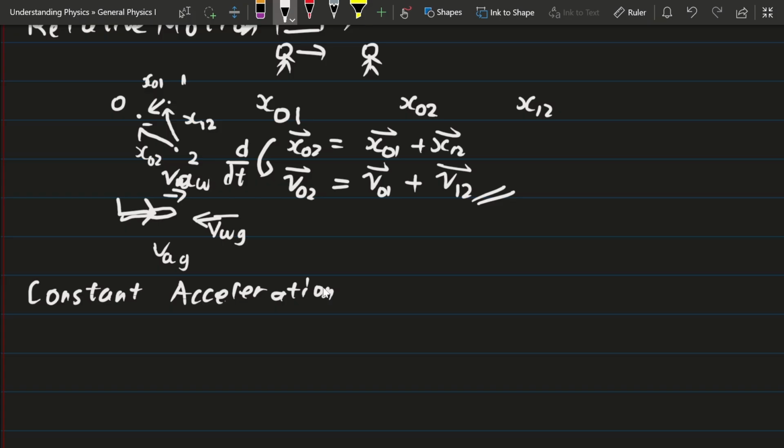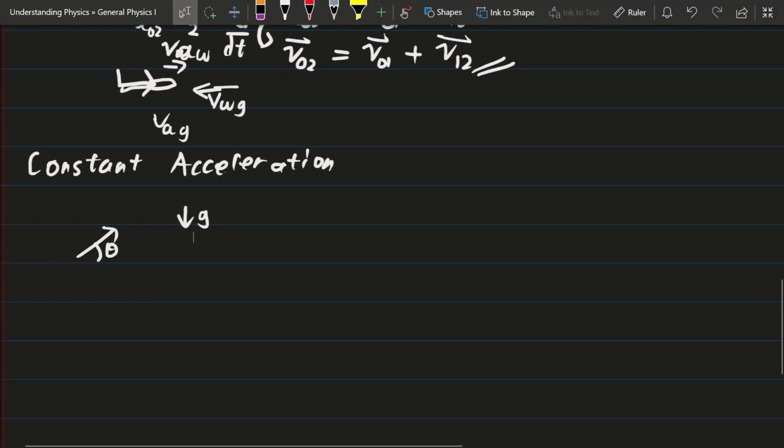So let's say if you have an object being fired with a certain angle, and then there is only gravitational acceleration going down, how would you actually describe this movement of the particle? And this is one of the most specific cases of constant acceleration, which is what we call projectile motion.